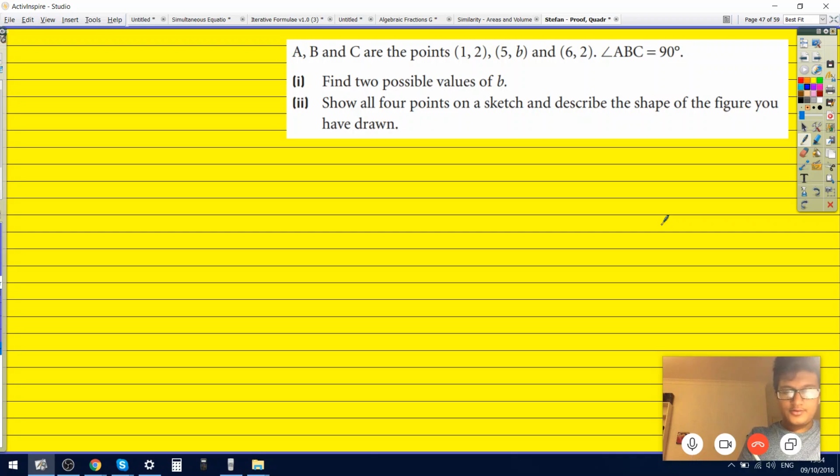The angle ABC is 90. Find two possible values of b. So we draw a right angled triangle.